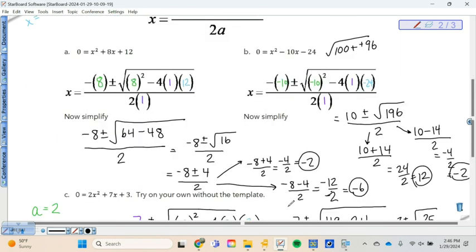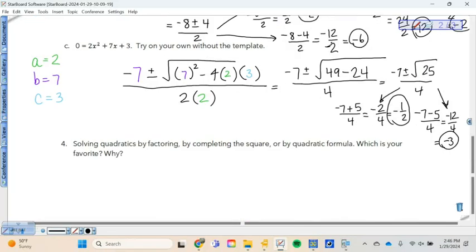We were using the quadratic formula for these problems. It's like using a snow shovel to eat your cereal in the morning. It's a little bit overkill, but it's to show you another method of solving a quadratic. And this is nice because you can use it anytime. Even if it doesn't factor, you can still use the quadratic formula to solve. So solving by factoring is good when it's easy to factor.